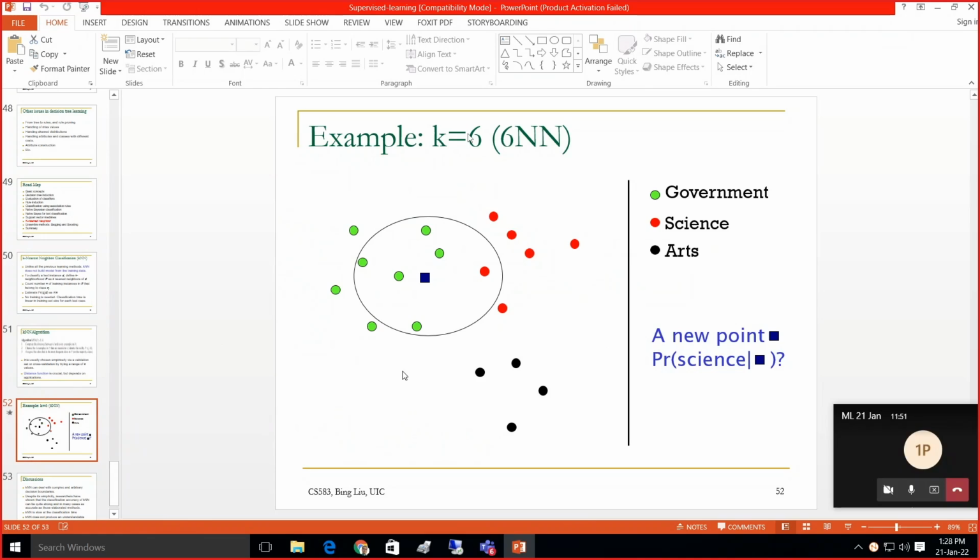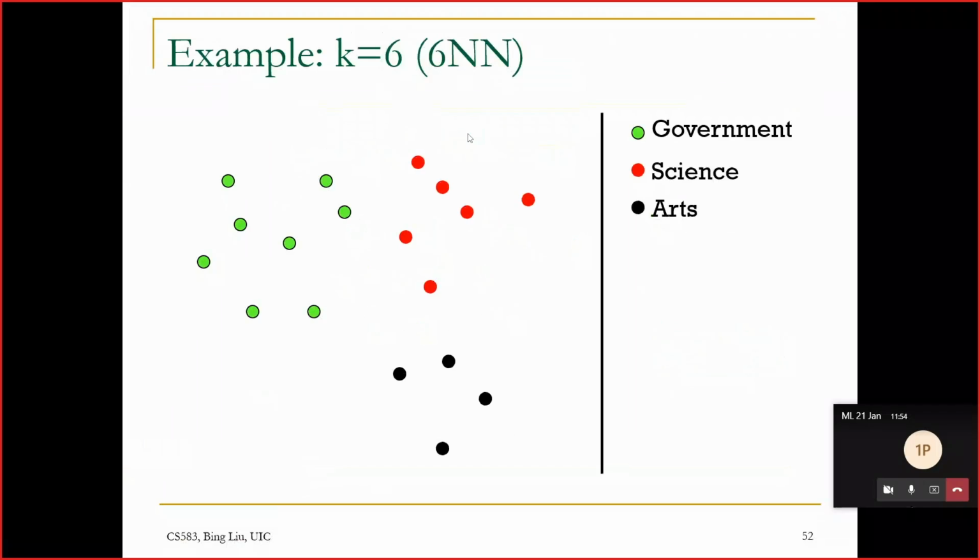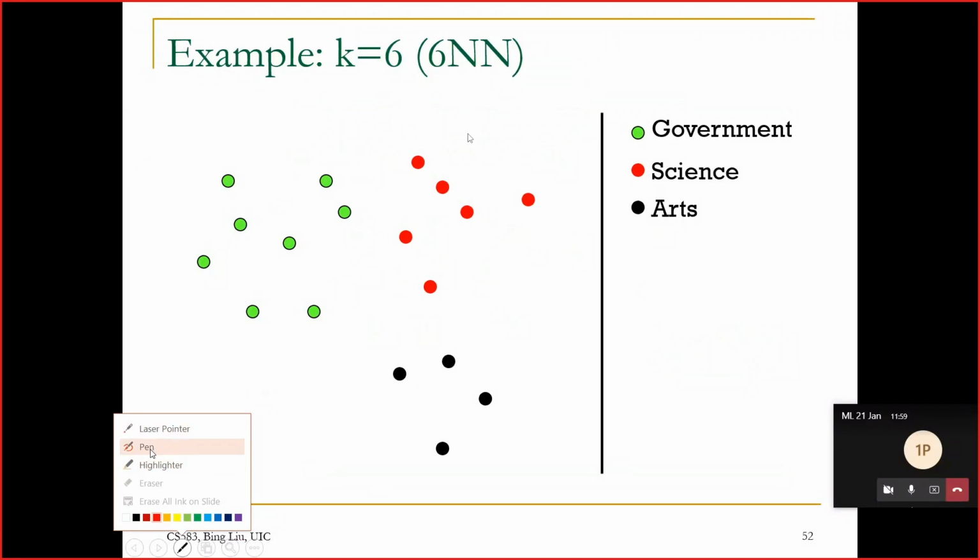Here you have three classes, 1, 2, and 3. The names are government, in green, science, in red, and arts, in black.